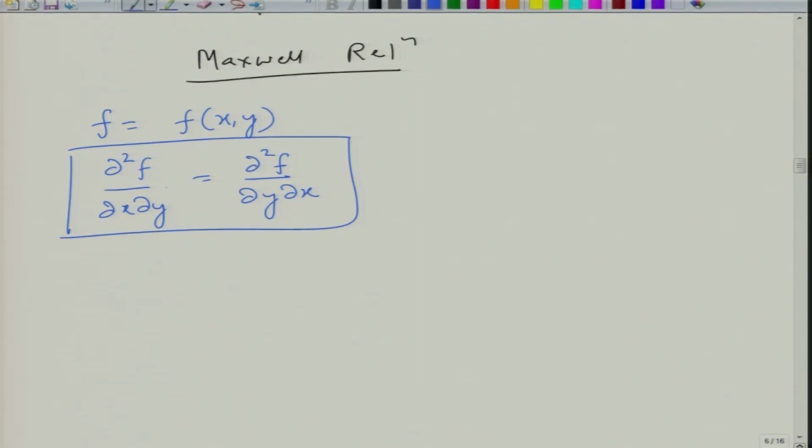This can also be written as follows: del by del x at constant y of del f by del y at constant x is nothing but del by del y at constant x of del f by del x at constant y. So it clearly tells you that the order of differentiation does not make any difference. This is based on the mathematical equality of these two expressions.